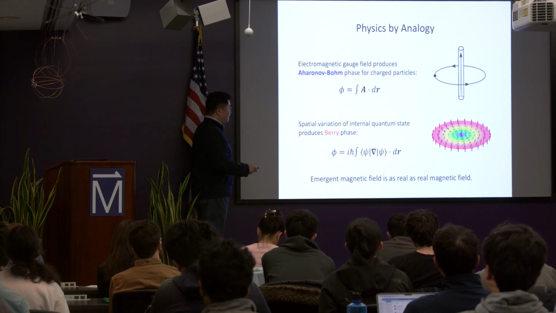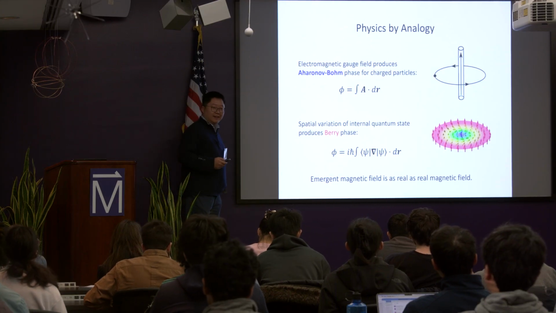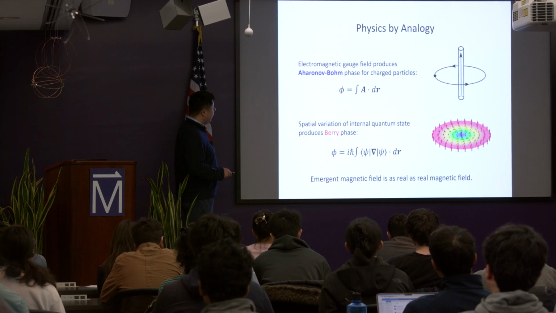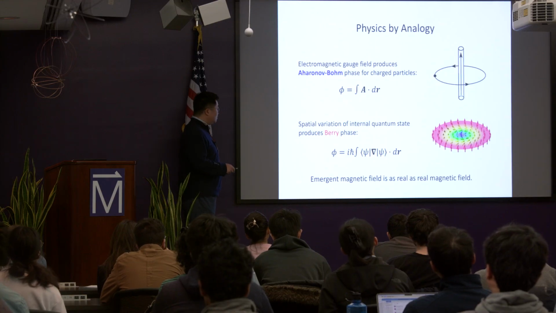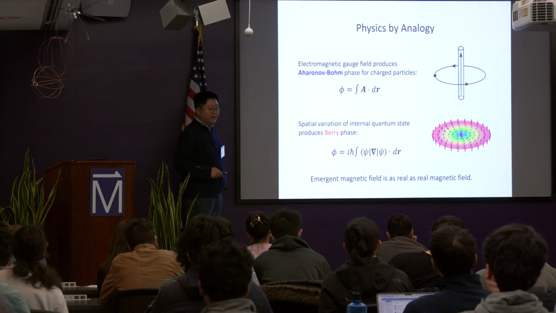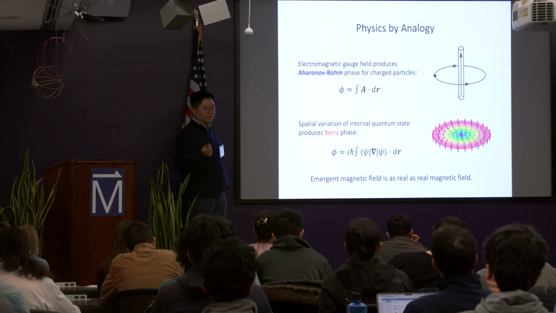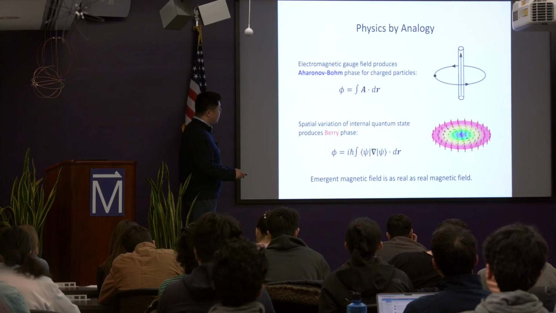And we know there's another way to create a non-trivial phase factor, and that is the so-called Berry phase. So consider a particle moving in a spatially varying environment, and suppose the internal quantum state of this particle, for example, a spin of the particle, is spatially varying.